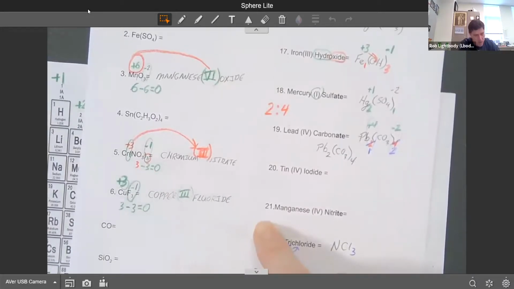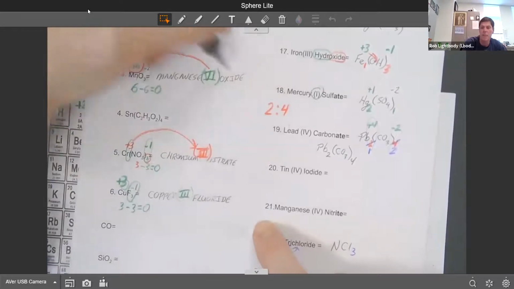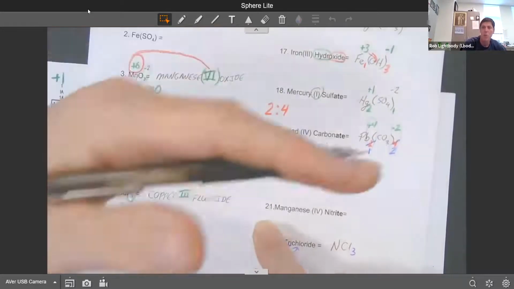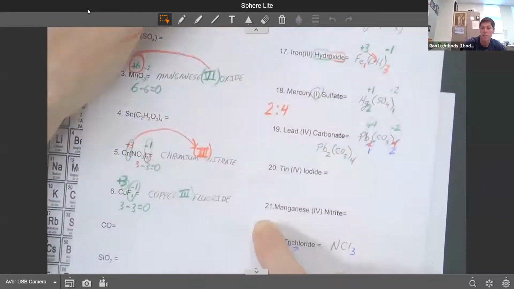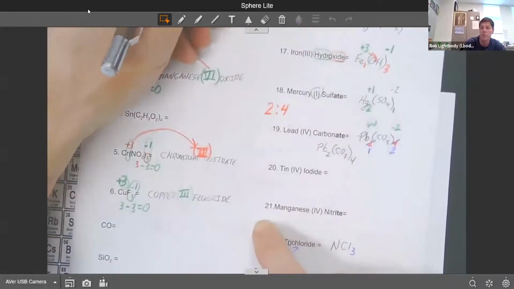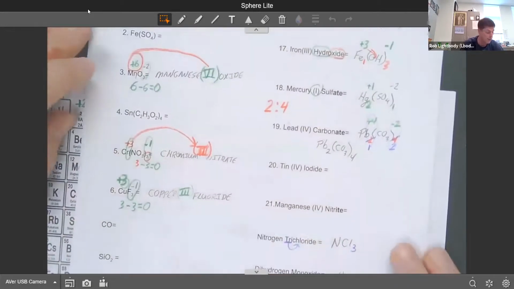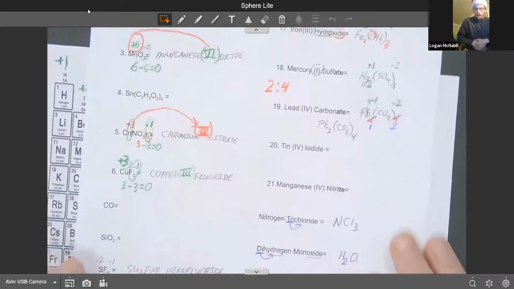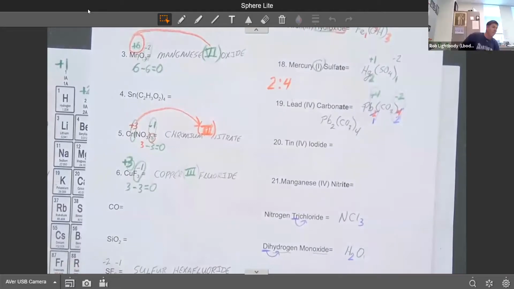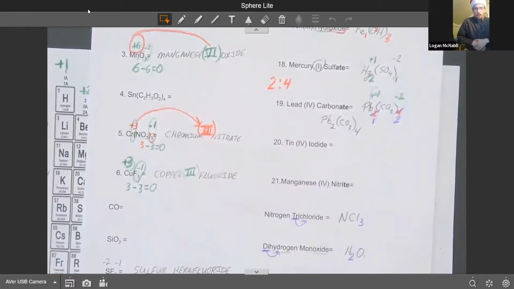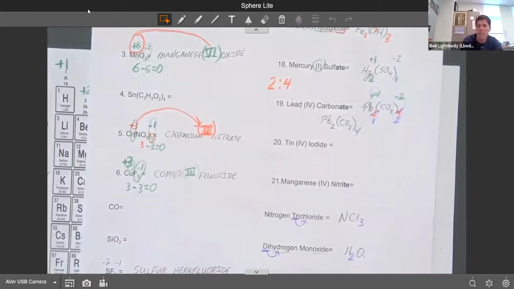Under the documents, if you search for names and formulas, a lot of times I'll have a worksheet and then I'll post the key with it, so you can test yourself and check yourself. Or I can send you worksheets from here, just ask. They haven't taken Swift away yet, which is good because I've got hundreds of documents on it.